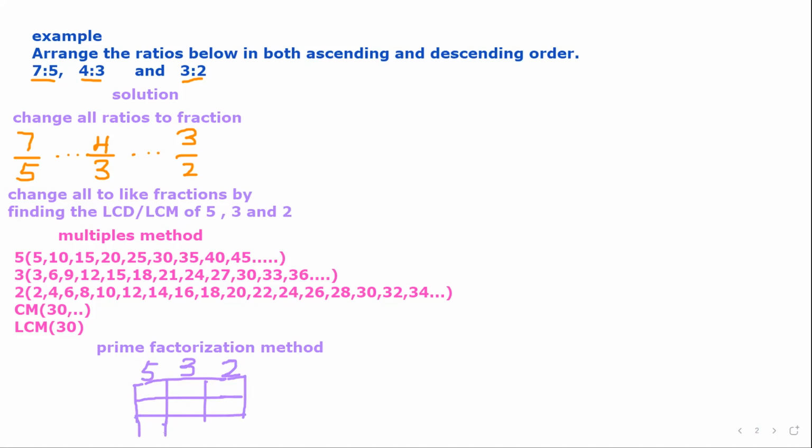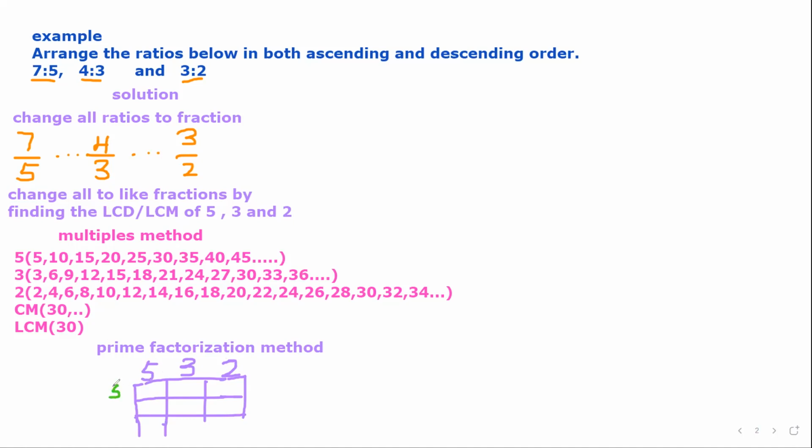Then you find a common number to cancel all these numbers at the same time. If not, then you consider the 2, whether you can cancel 2 at the same time. If not, then use the numbers themselves. So here, there's no way you can cancel the 3 numbers at the same time, 5, 3, and 2. And there's no way you can cancel 5 and 2, or 5 and 3, or 3 and 2. Then you choose the numbers themselves first.